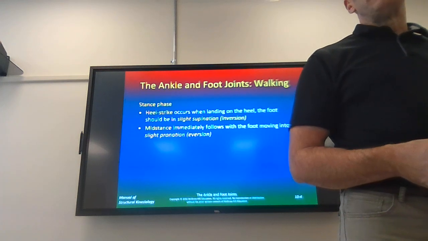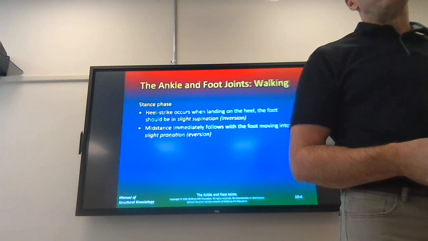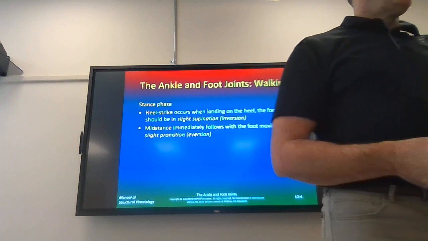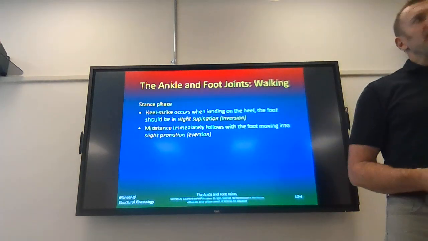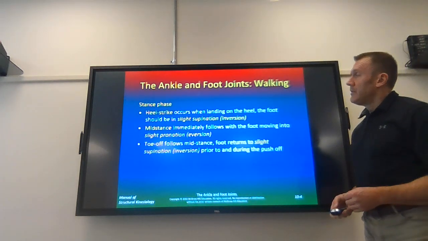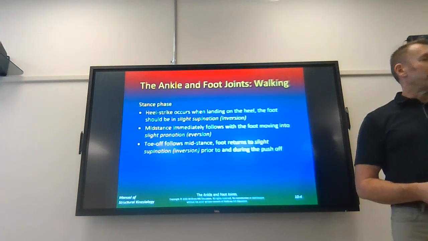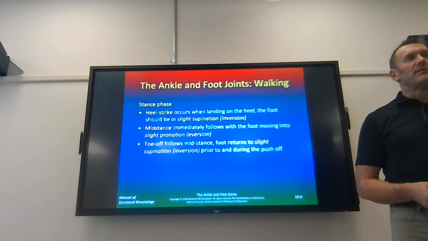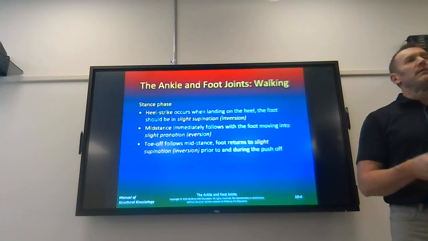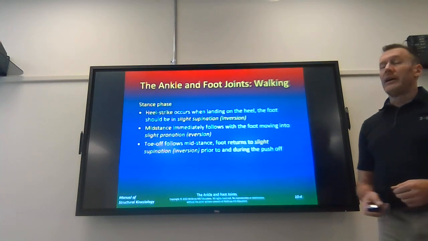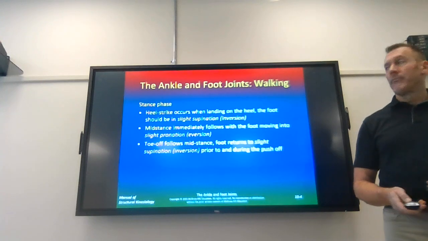So we go from supination into a little bit of pronation, and then as we go through the mid stance into the toe off, so the toe off or the push off phase, the foot goes back into slight supination. So we go from supination to pronation to supination as we push from the ground.